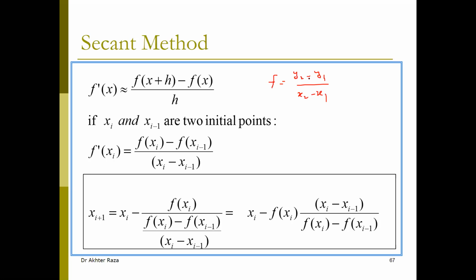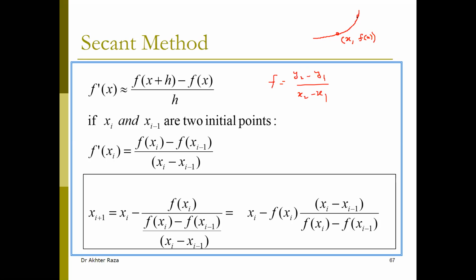This is the formula of slope. So secant suggests we use this formula. Instead of the two points, I have these two points like this. Suppose this is the point x and f(x). This is the x coordinate, this is the y coordinate.